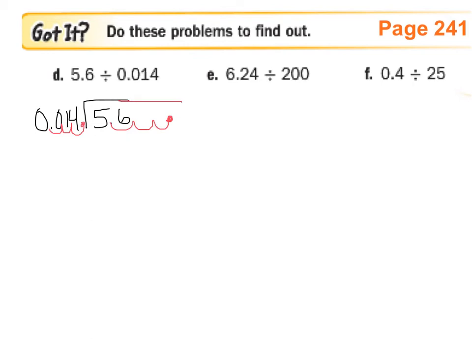So to hold the place value, I have to add zeros. And my decimal will go on top. So that's a lot of stuff on here. So I'm going to go back and get rid of things and rewrite it neatly. So we're going to have 14 divided into 5,600. And I'll put the decimal up on top.